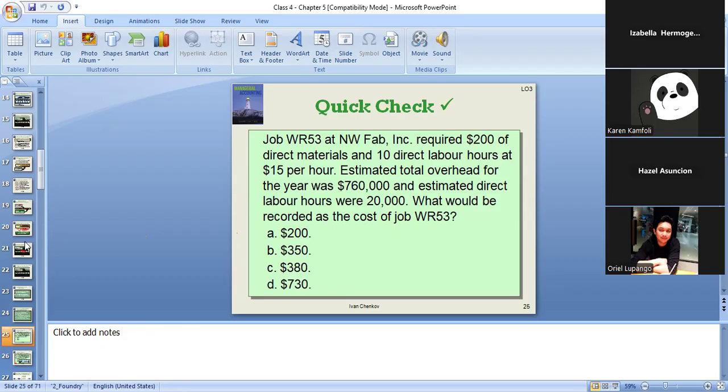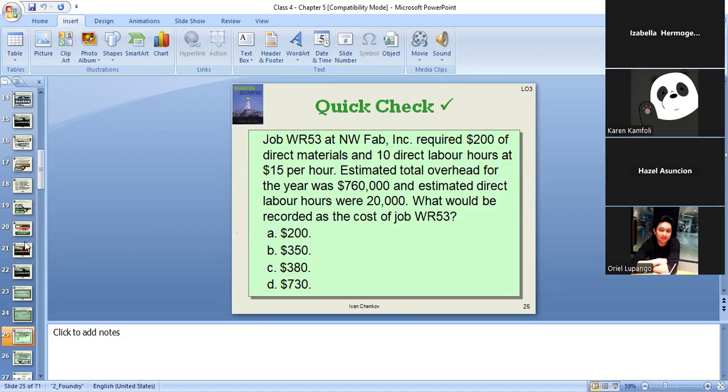So let's see this question, and let's see if we can do this question together. First one, this company requires 200 direct material, 10 direct labor hours, for which they're paying $15 per hour, and they estimated that the total overhead for the year is 760,000, and the estimated direct labor hours are 20,000.